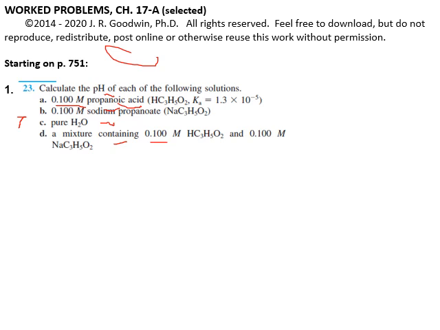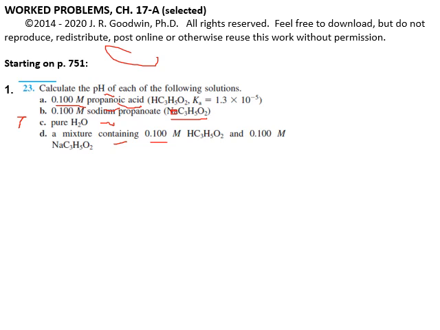The difference will be, and you have to be careful with this, for B, you're doing a weak base. This is sodium propanoate, so you don't really care about the sodium part. This is going to have a negative charge on it, this C3H5O2. So that is what you're actually going to have in the water. So you'll want to start off by adding water to that.